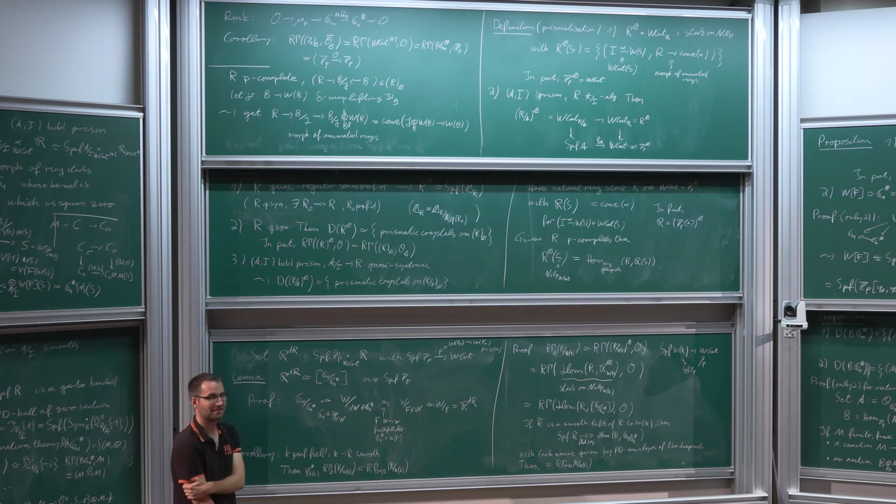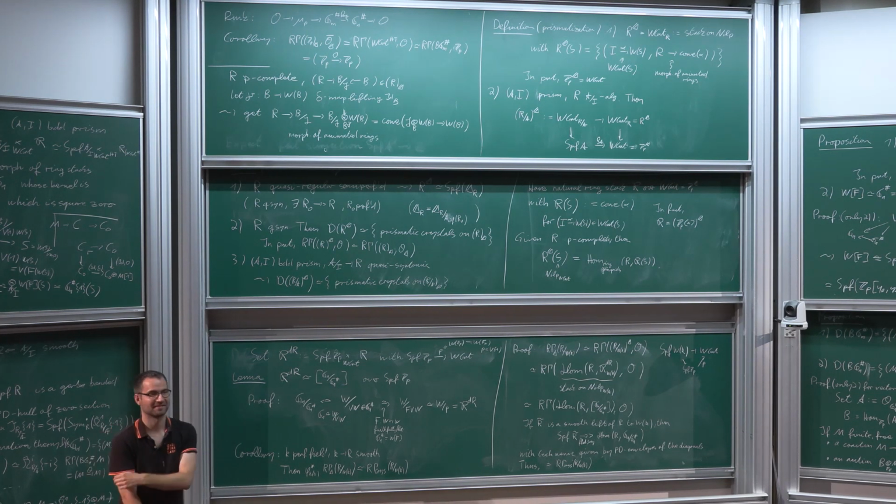If I'm not mistaken, the answer is yes. Like the category of square zero extensions, I think it's the animation of the square zero extensions for usual rings. I think, if I'm not mistaken. That was the question. Okay.